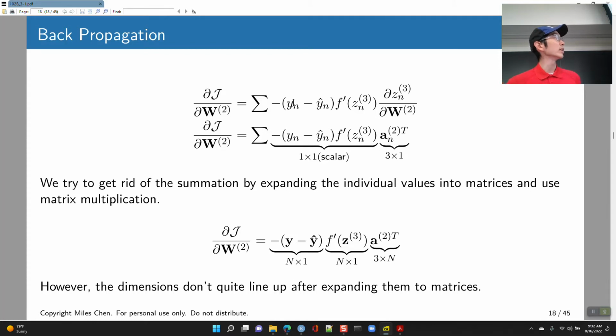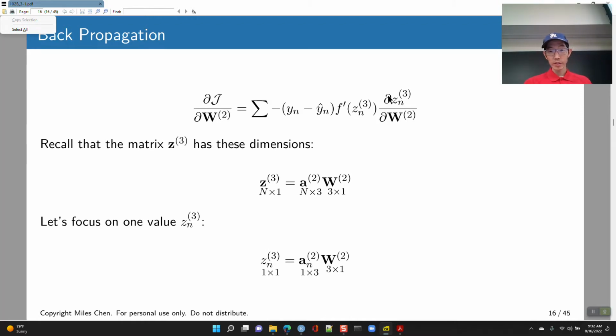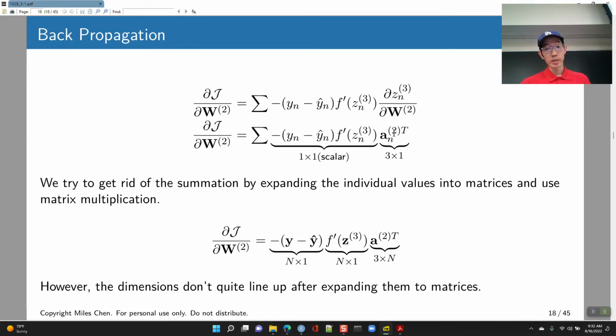All right, so I've got the gradient of this with respect to this, and this is what I have here. I'm going to replace this term with now A_n transpose. Okay, so this is the gradient of J with respect to W2.